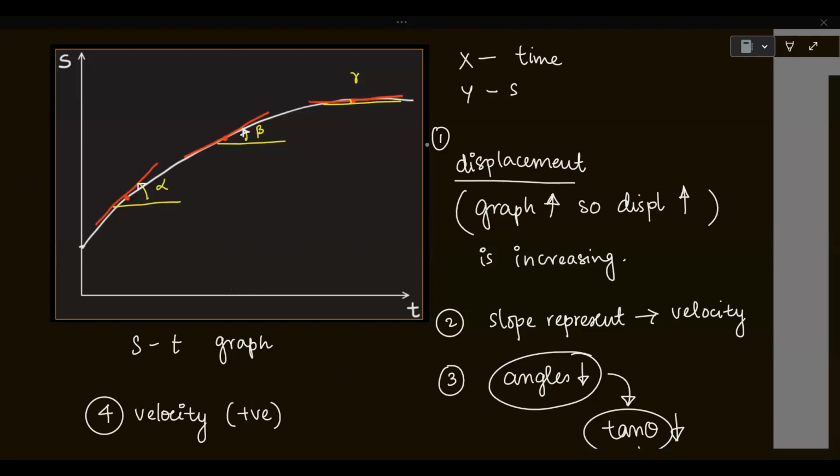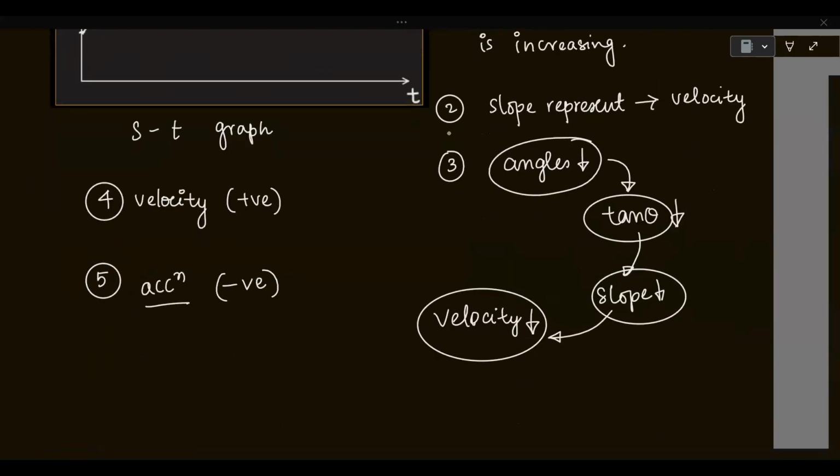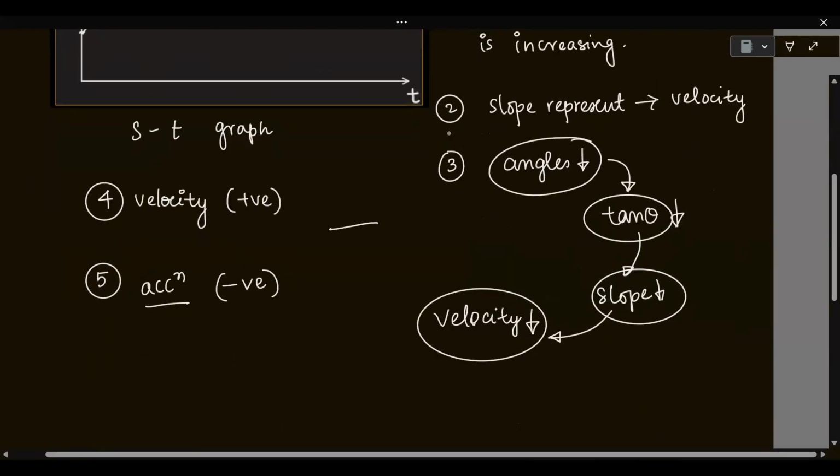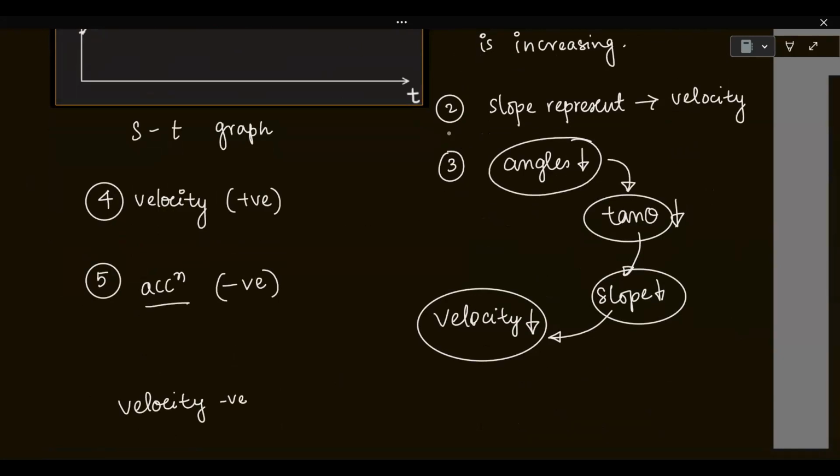Retardation. Yes, this process of velocity being in one direction and acceleration being in the opposite direction is known as retardation. It could also happen like this: if velocity is negative and acceleration is positive, then also retardation will happen.